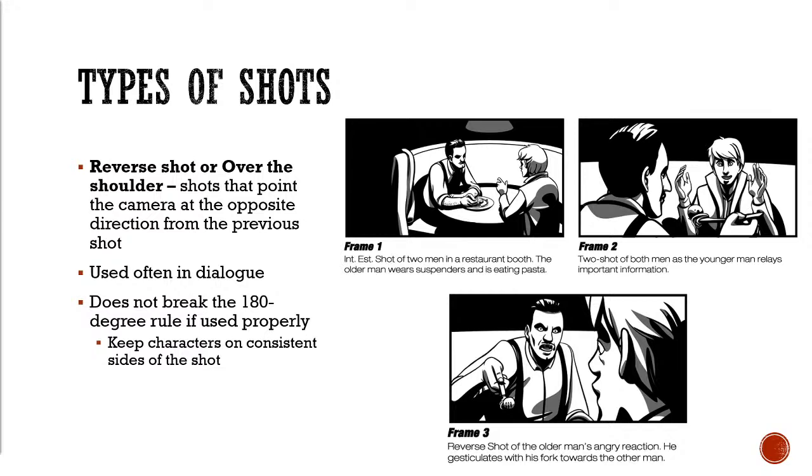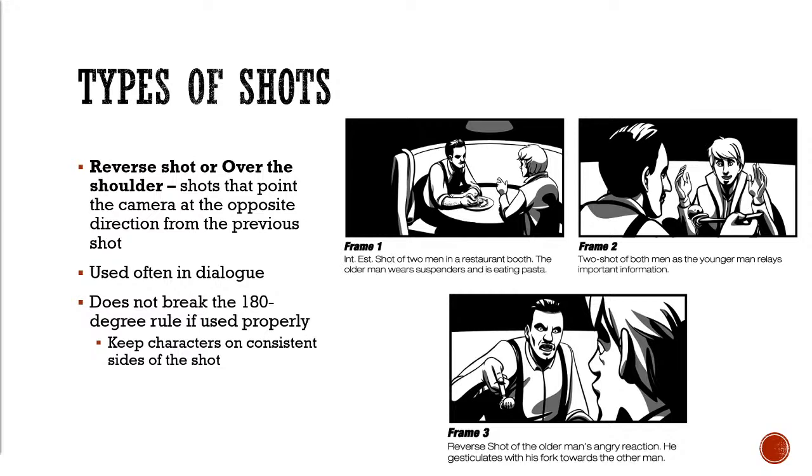So that's an important caveat to this rule: you're not just wildly transitioning back and forth. You are doing so in an organized fashion so you're able to keep track of all the players in the scene.